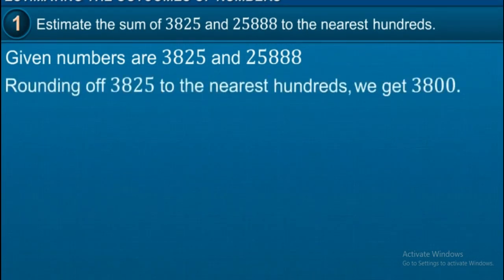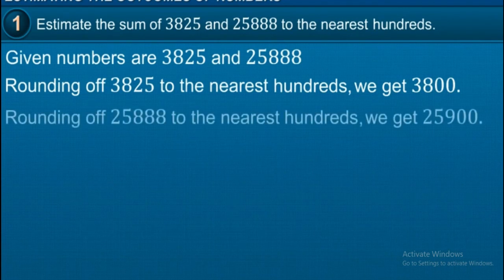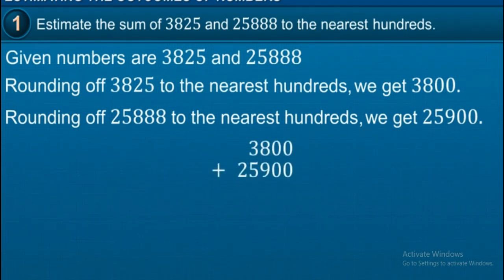Rounding off 3,825 to the nearest hundreds, we get 3,800, as 3,825 is closer to 3,800. Rounding off 25,888 to the nearest hundreds, we get 25,900, as 25,888 is closer to 25,900. We need to find the sum of 3,800 and 25,900, which is 29,700.